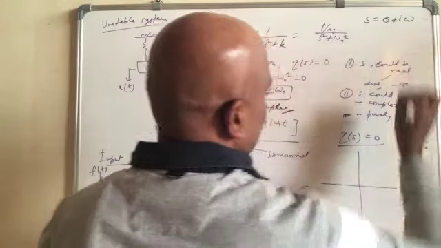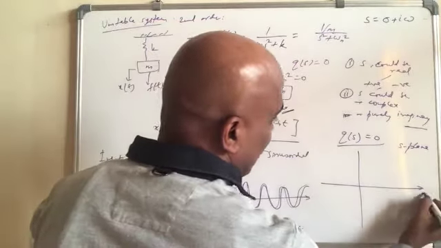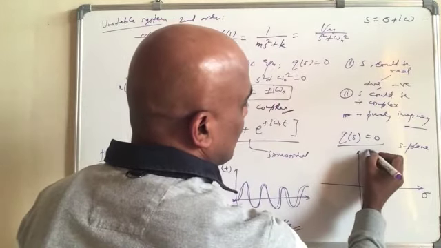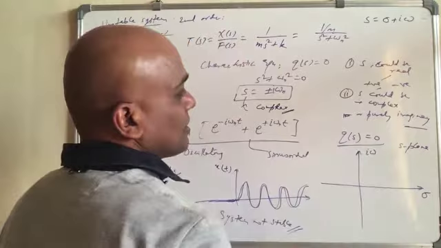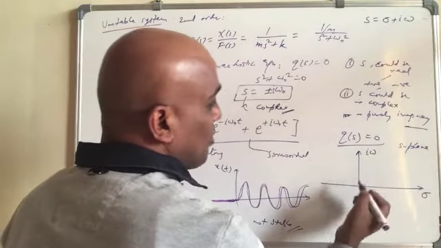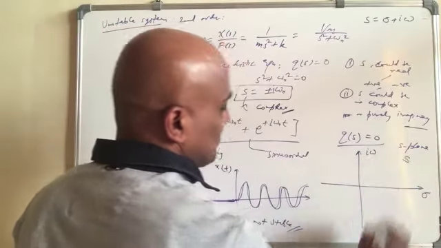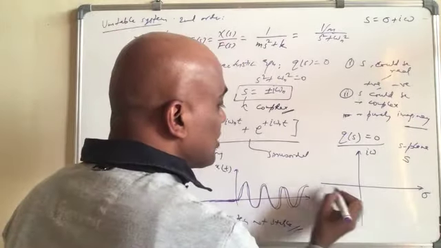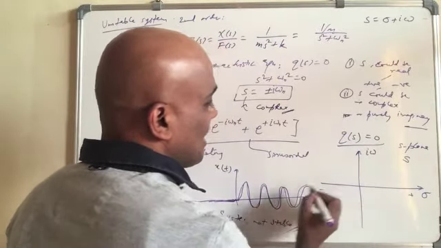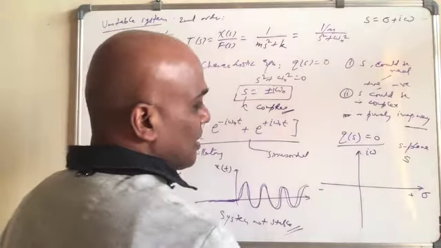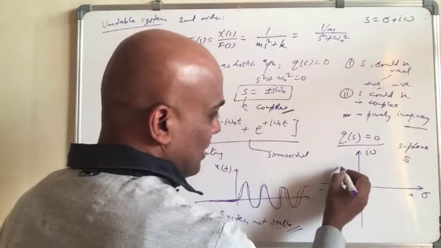So sigma plus i omega. This side is sigma, this is i omega, right? And this is the S-plane. This is plus side, minus side. For stability, we want our root to be on the left side.